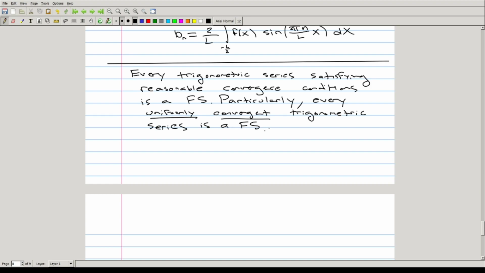And we will get into what uniformly convergent means in the next lecture.